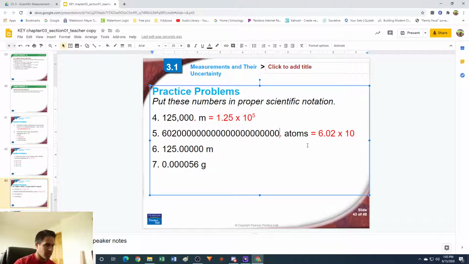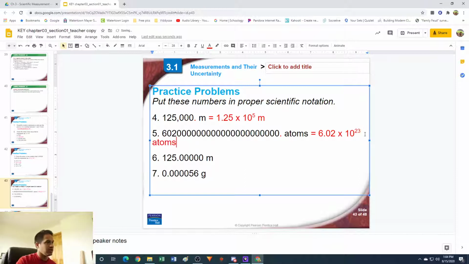In this case, we had to move it 1, 2, 3, 4, 5, 6, 7, 8, 9, 10, 11, 12, 13, 14, 15, 16, 17, 18, 19, 20, 21, 22, 23 places over. There we go, 6.02 times 10 to the 23rd. And we should be putting units. On this first one, it should be M for meters. And on this one, it should be atoms.